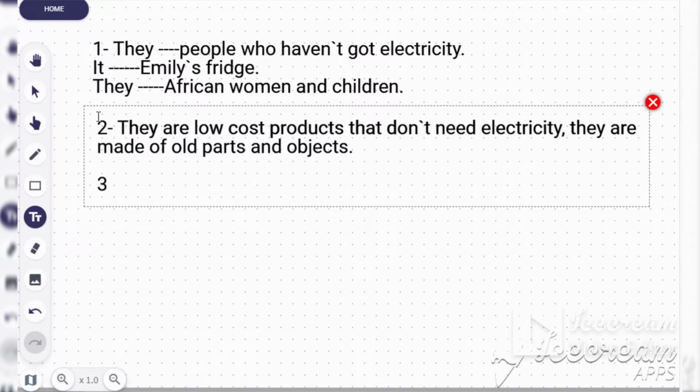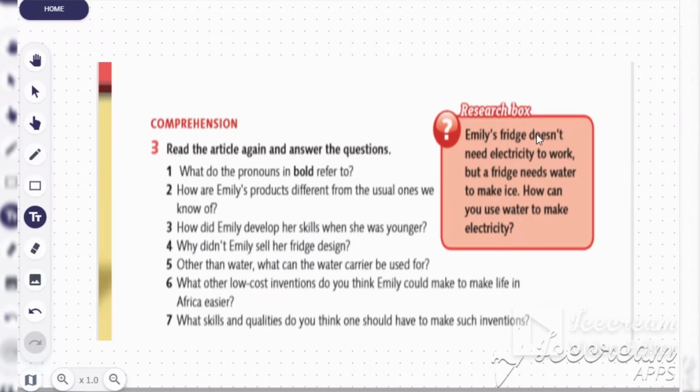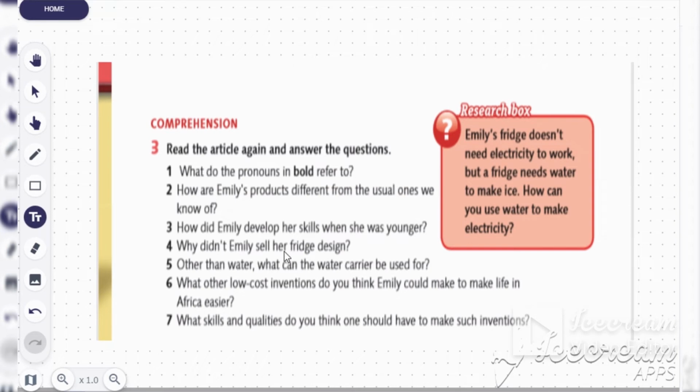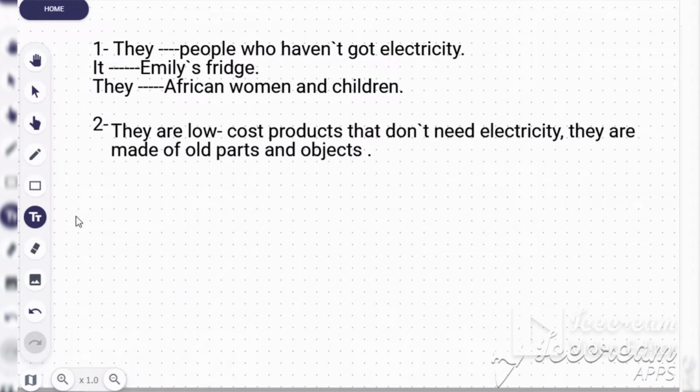Now we'll go back to the picture to find number 3. How did Emily develop her skills when she was young? Question number 3, we said, how did she develop her skills when she was younger? She used to make things from the waste materials from old things.